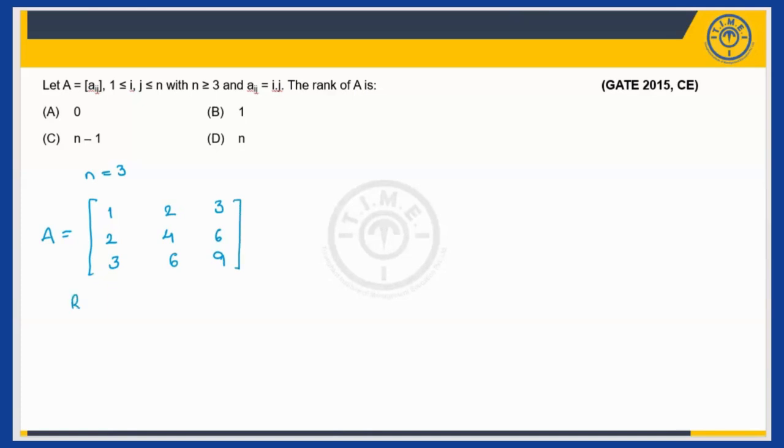Now if I apply the operations R2 → R2 − 2R1 and R3 → R3 − 3R1, obviously the second row and the third row will become 0, so you'll be left with only one row.